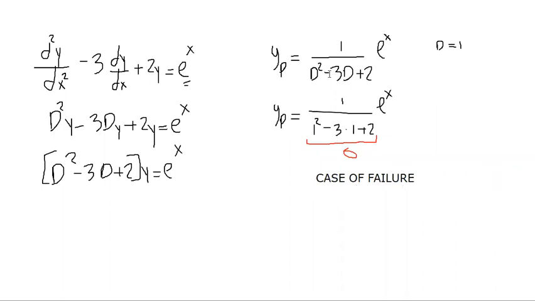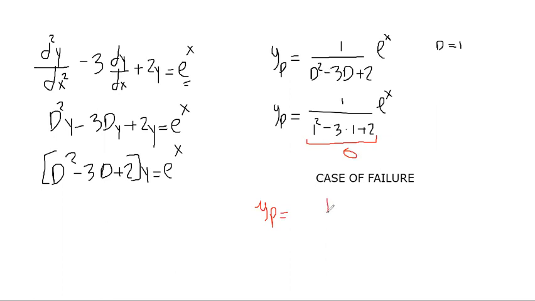So the approach in which what we do is that yp is equal to, we're going to differentiate the denominator. So once you have a 0, it's known as a case of failure. So what we do is that we differentiate the denominator.